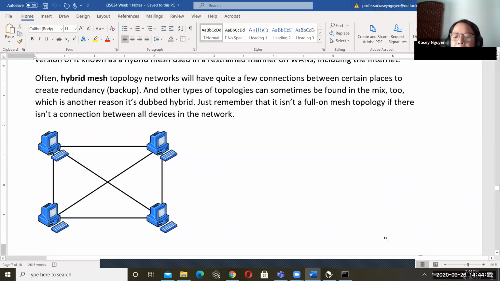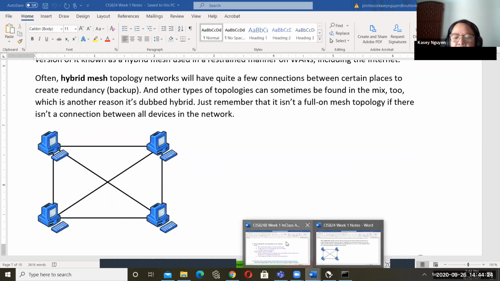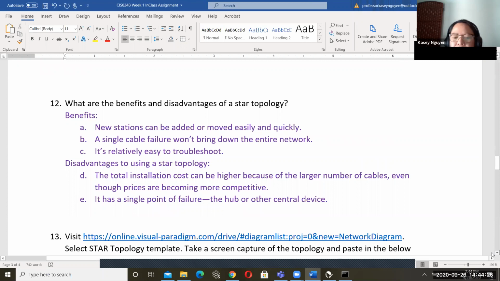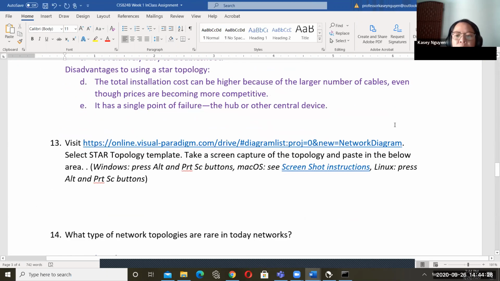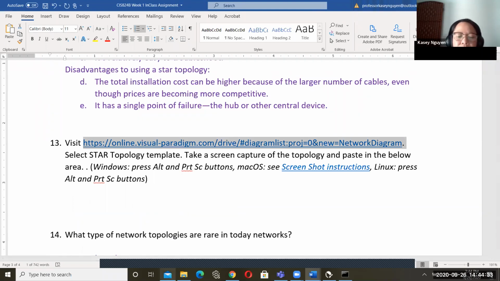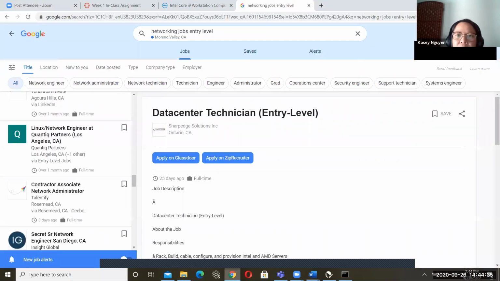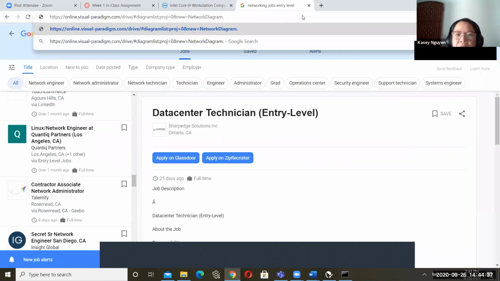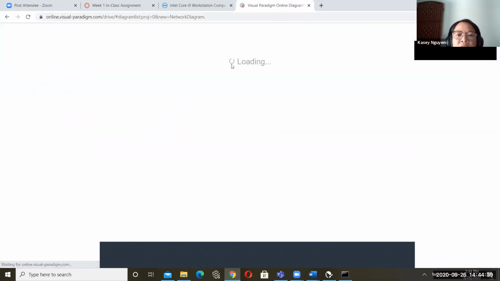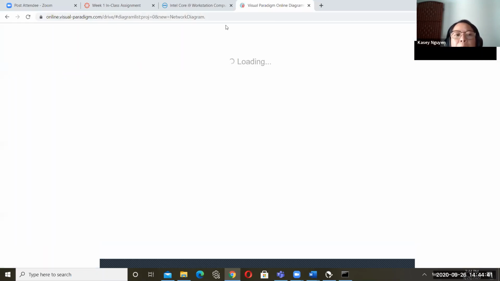Okay, so let's look at the next question. So I want you to use this website. This is a tool that you would use to draw a diagram. And there are so many different ones online, okay?